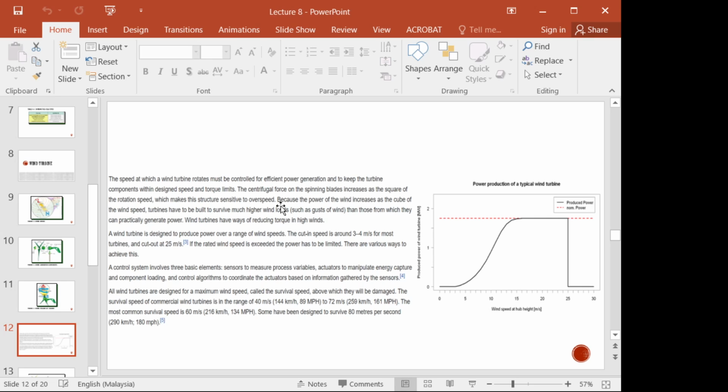And because the power of the wind increases as the cube of the wind speed, meaning to say the power is directly proportional to the cube of the wind speed, or the speed to the power of 3, the turbines have to be built to survive much higher wind loads, because sometimes there are gusts of wind that have unusual speed, higher than usual.